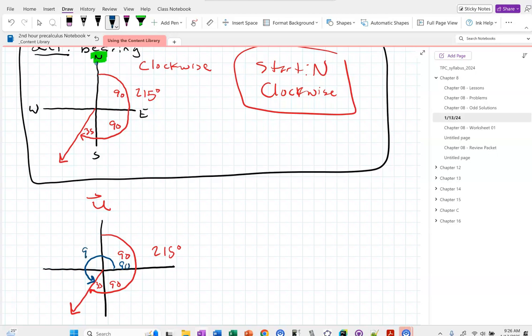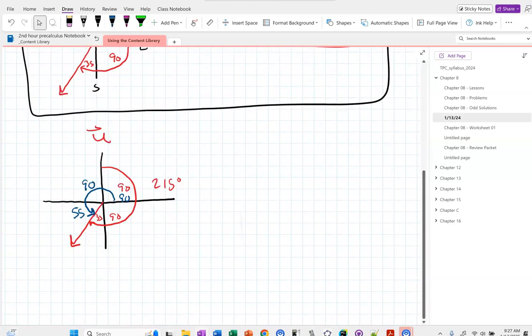So that's going to be 90, and then 90, and then what's the leftovers there in quadrant 3? It's got to be 55, right? How'd you get 55? 90 minus 35. Everybody's okay?